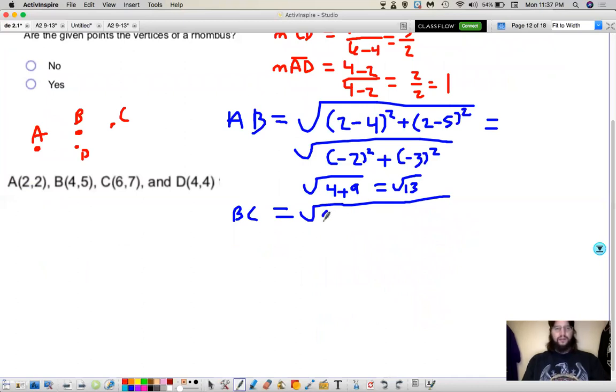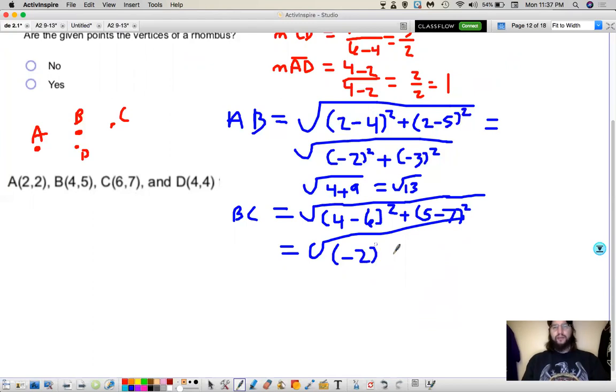Let's see, so 4 minus 6 squared plus 5 minus 7 squared. That's going to be the square root of -2 squared plus -2 squared.